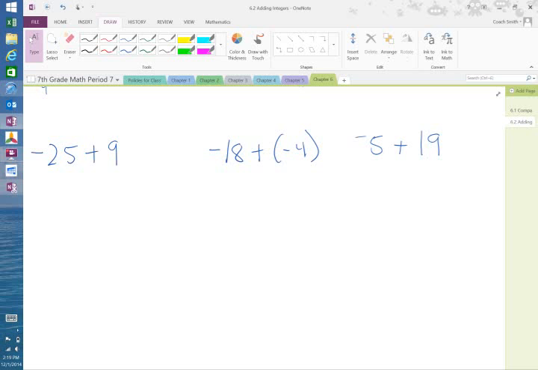The parentheses are there just to set the negative sign off. Okay? Doesn't mean to multiply, anything like that. It just means there's a negative here, negative sign, it's not subtraction. And then you have -5 plus 19. Okay, do those problems. I'll give you a couple of minutes, and then we'll talk about them.